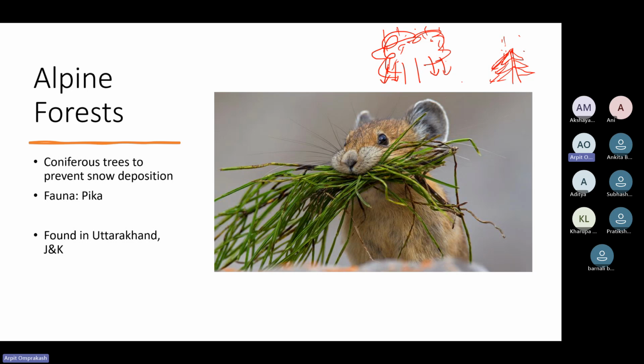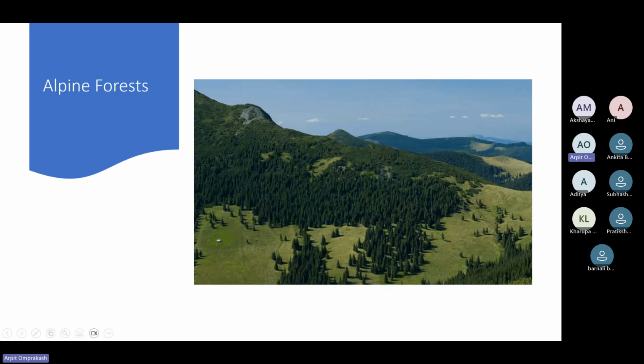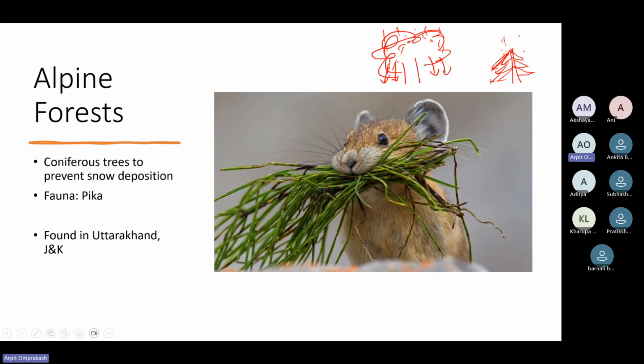Mostly the trees found in these alpine forests are coniferous trees, and there is some unique fauna found in places like this, such as the pika, which is found in Ladakh and Uttarakhand. And these forests are also mostly found in high mountains present in Uttarakhand and Jammu and Kashmir.